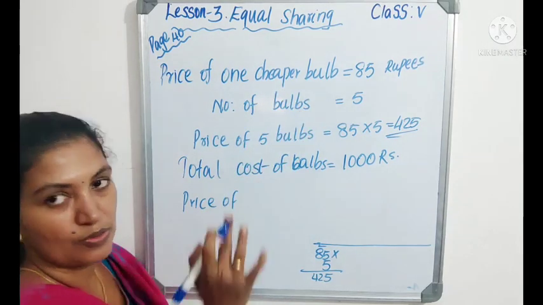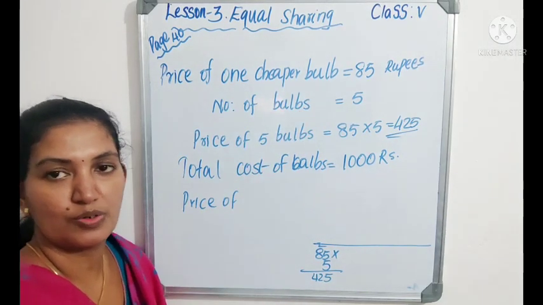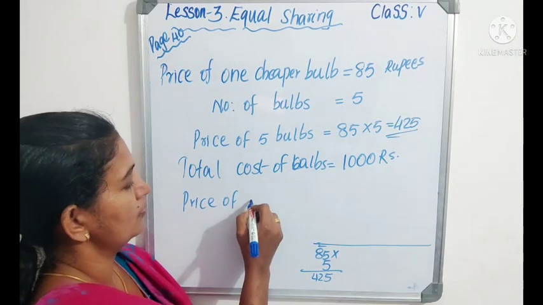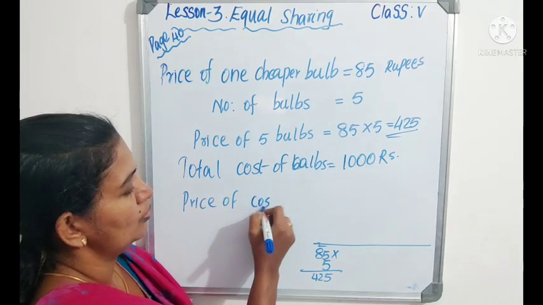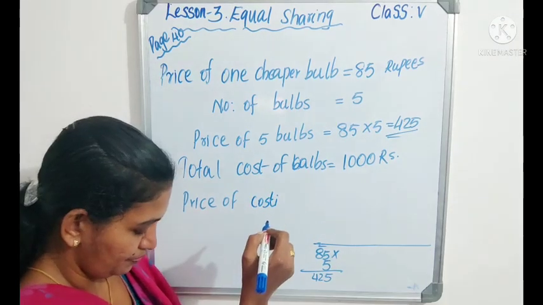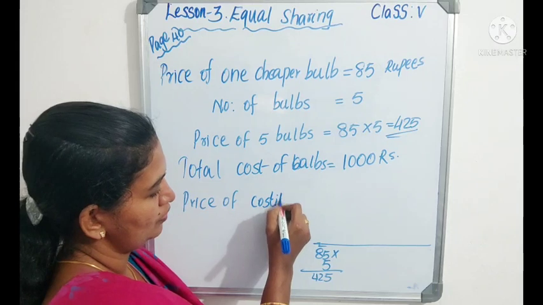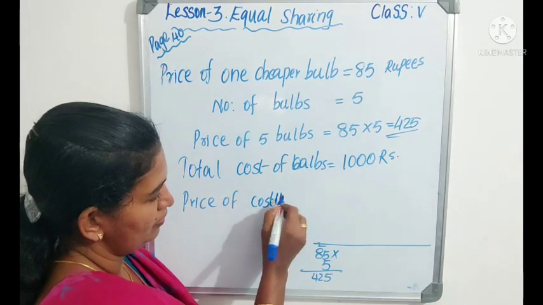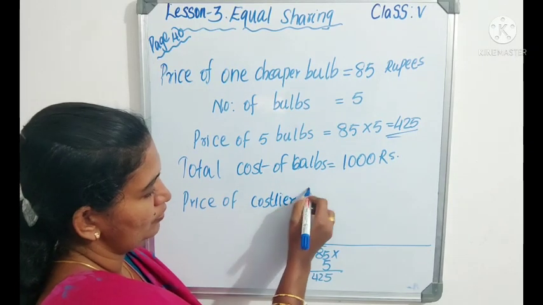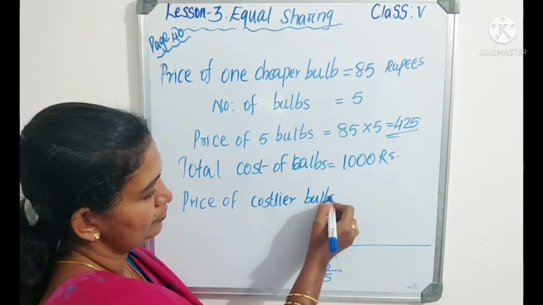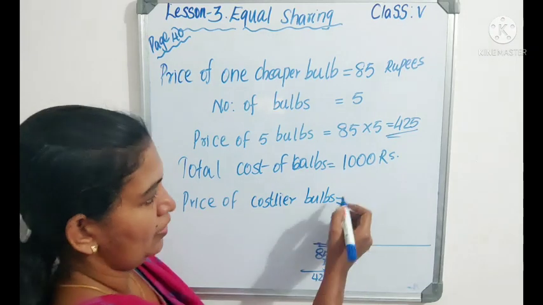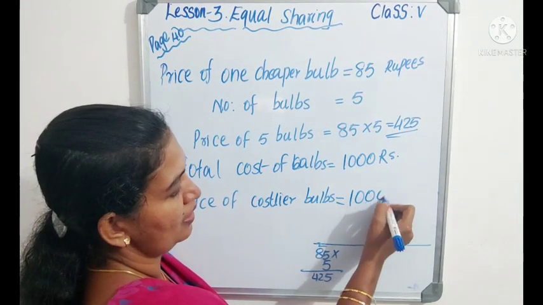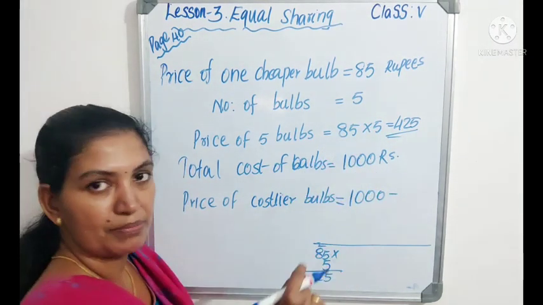Here first we find the cost of cheaper bulb. Next you have to find the cost of costlier bulbs. So total 1000 rupees and cost of cheaper bulbs are 425.